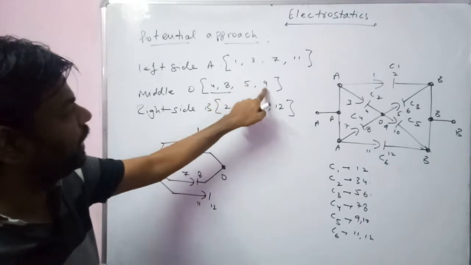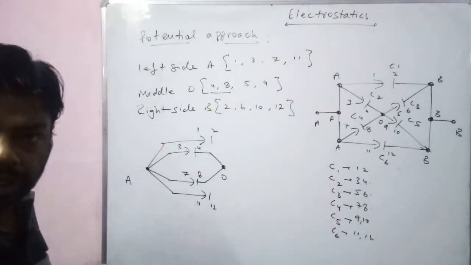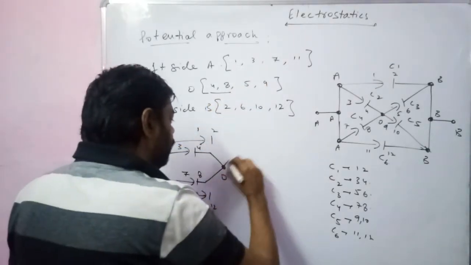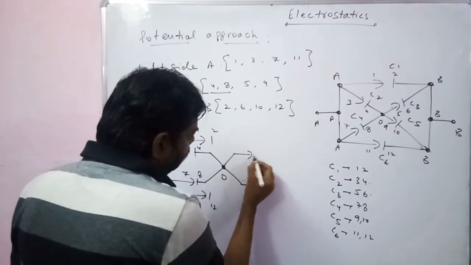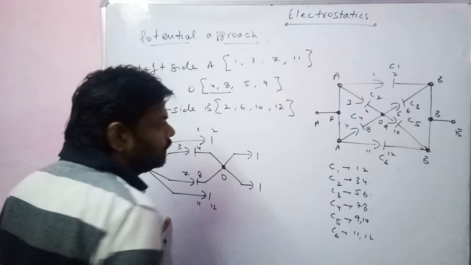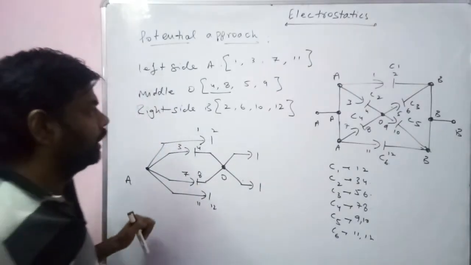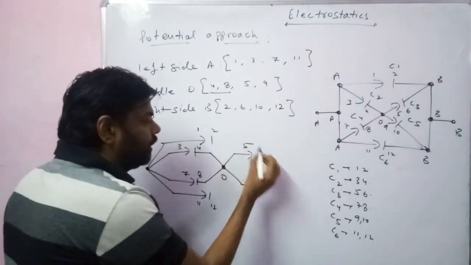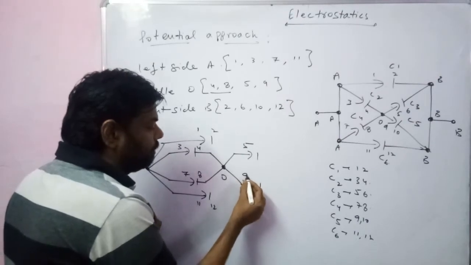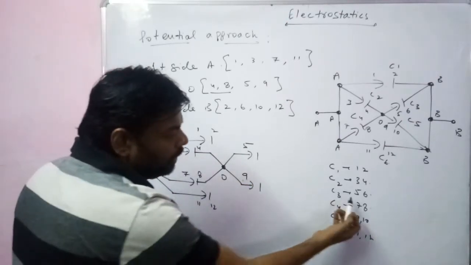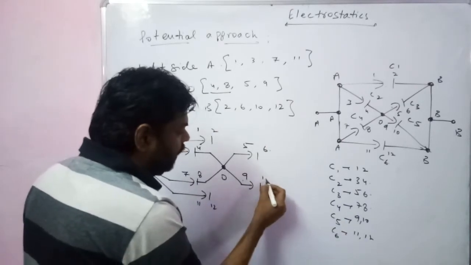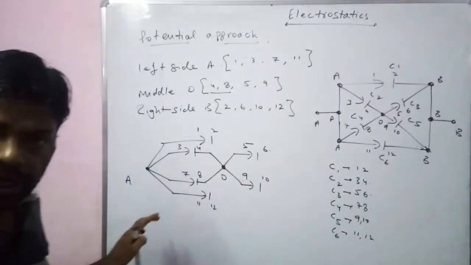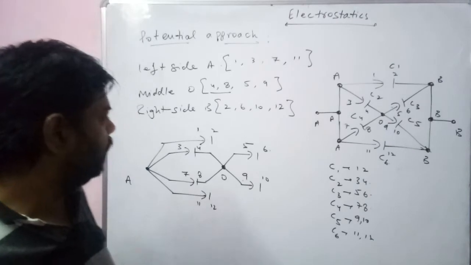Now the 5th plate and the 9th plate, they are again to be connected with the point O. So we have to just complete the circuit. Say it is the plate 5 and it is the plate say 9. Now mark it 5, 6 and 9 and 10. Okay? Got it? Clear? Okay.